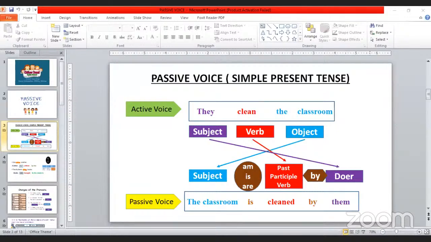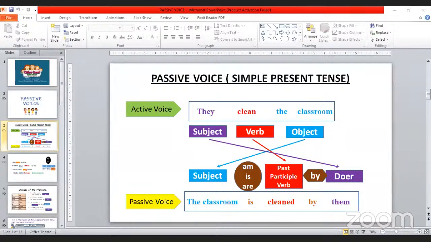Okay. Next, now we made the sentence into passive voice. We changed the simple present tense sentence into passive voice. The classroom is cleaned by them.